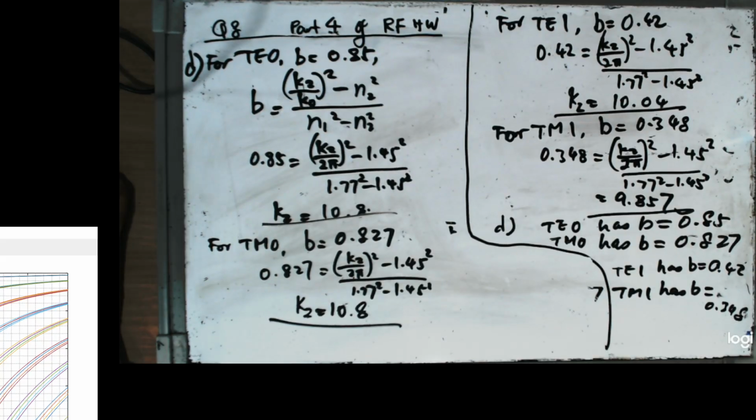Okay, normally it is the TM1 mode that gets the cutoff first. So we need to find out the condition where the cutoff occurs.